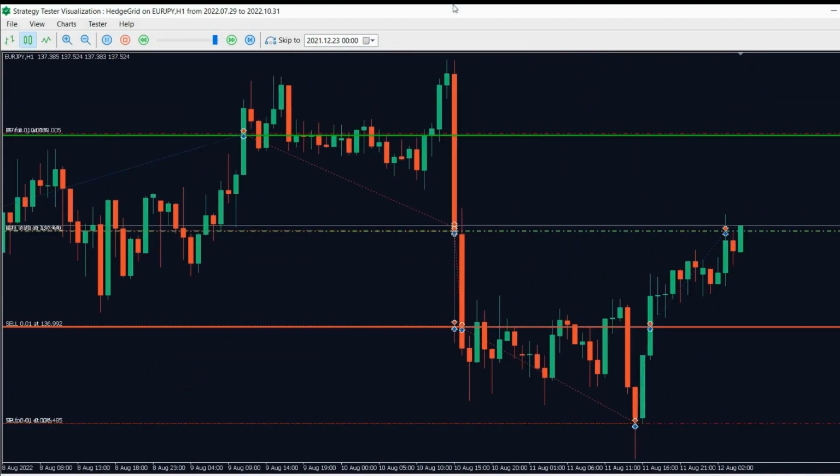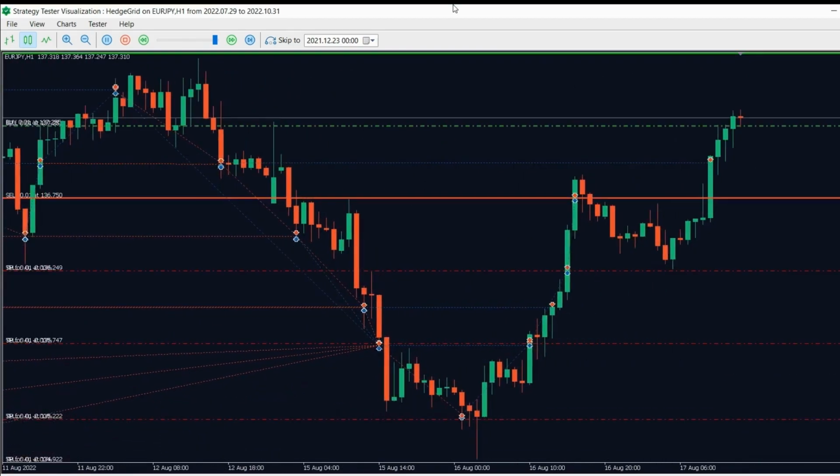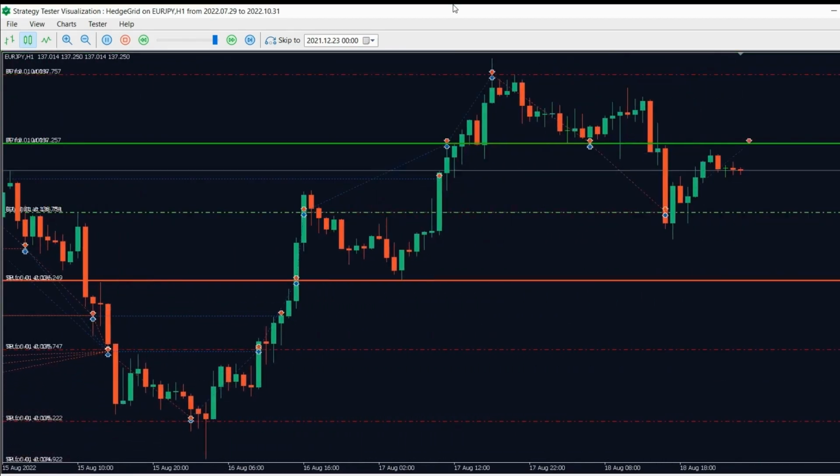Now that I have explained the theory behind this strategy, I'm gonna head to the MetaTrader 5 editor to create an expert advisor from it, so I can test it on real data.